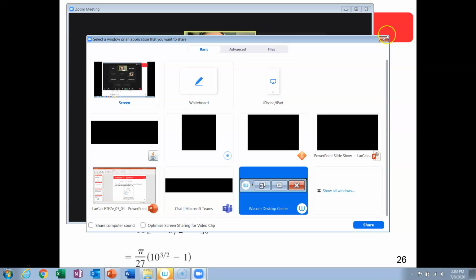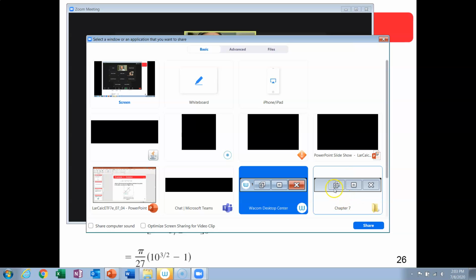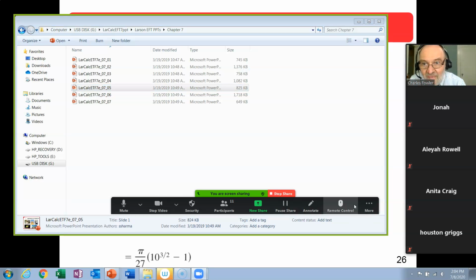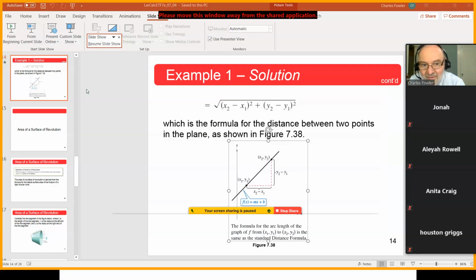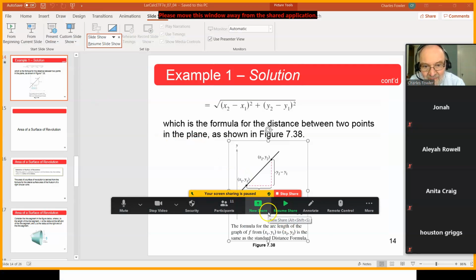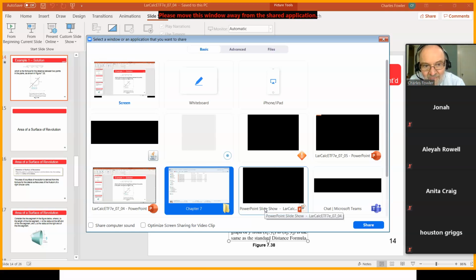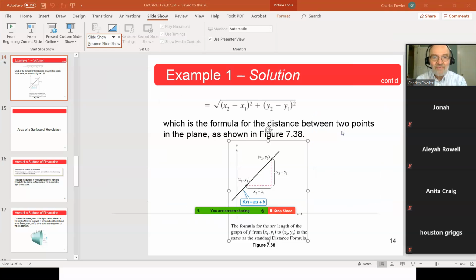Where is 7.5? That's 7.4. Let's see if any are missing here. Maybe I can get it this way. All right. Now let's see if it will. There it is now. Goodness gracious, what a pain in the neck. Or some other body part.